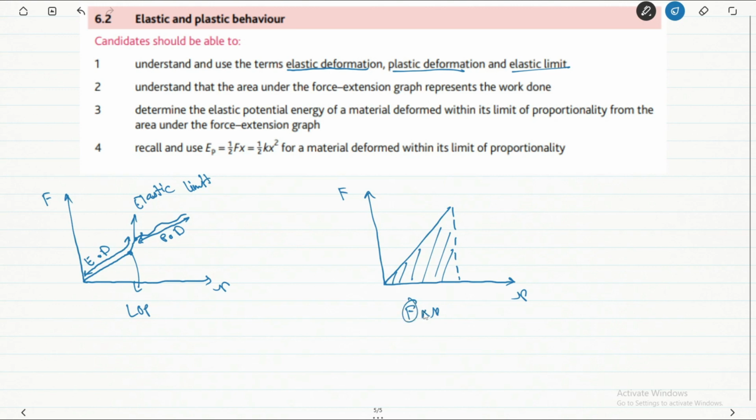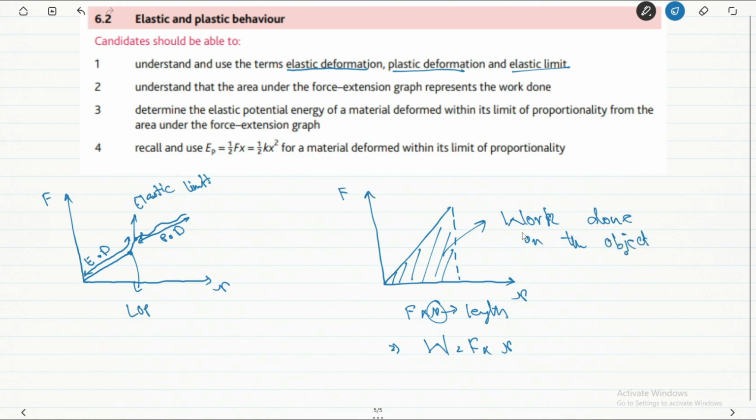So the f is a force, and x is basically a length or a distance, right? So this becomes equal to work done, f into d, or let me just write x here. So the area under the force extension graph is work done on the object, right?